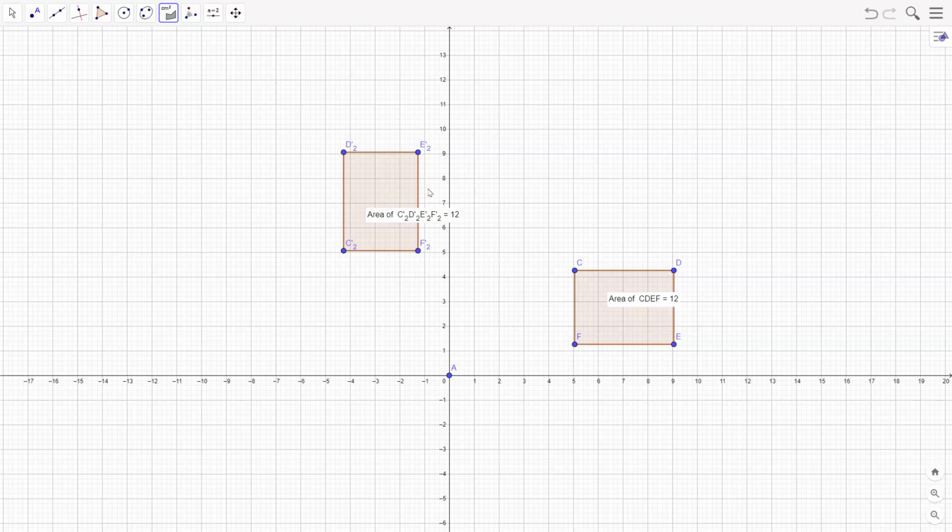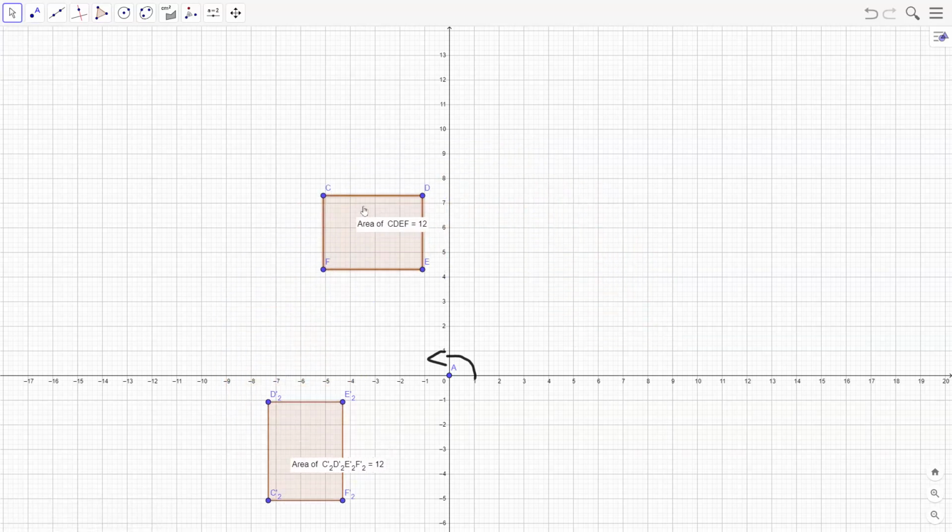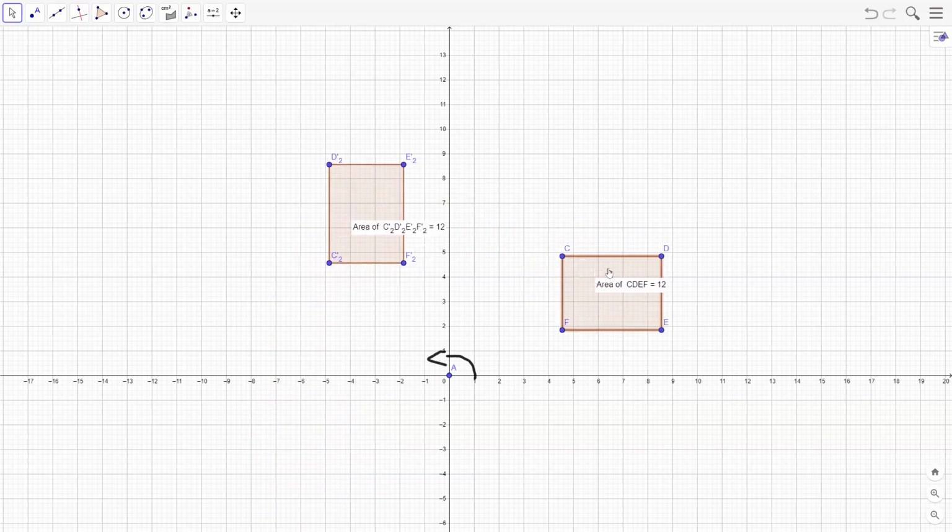And since I'm changing the orientation here, since I'm rotating it 90 degrees, I'm going to be rotating it like this. I'm going to get it to go like this, except it's going to change its orientation.